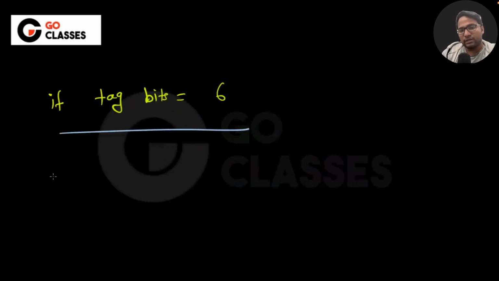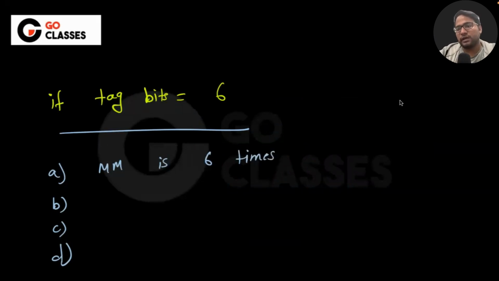Let me ask you which of the following is true. First option: main memory is six times bigger than cache memory.